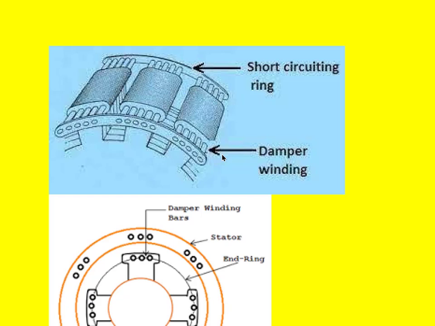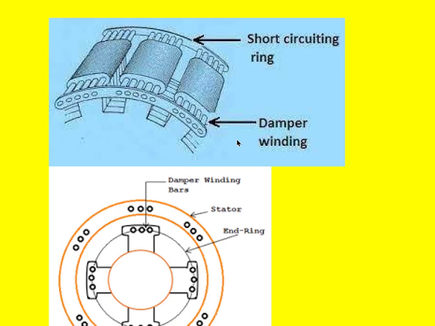As a result, a current flows in the damper windings and it produces a flux. So the rotor starts rotating as a three-phase induction motor, but its speed is less than the synchronous speed. But within one cycle, it picks up its speed to synchronous speed and it moves with the stator magnetic field.